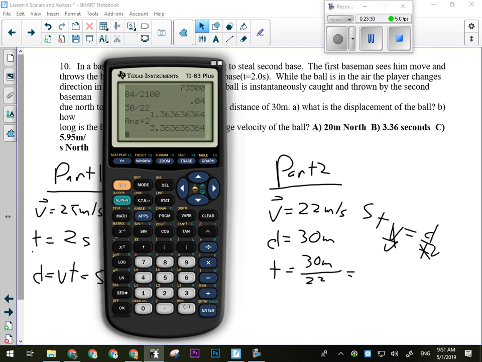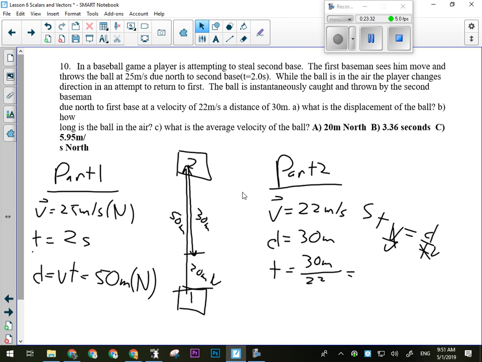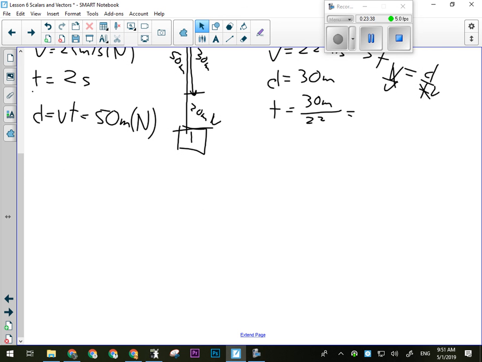And then the last part is, what's the average velocity of the ball? Well, the two things I need for average velocity are total displacement and total time. Did I just calculate those two things? Yeah.